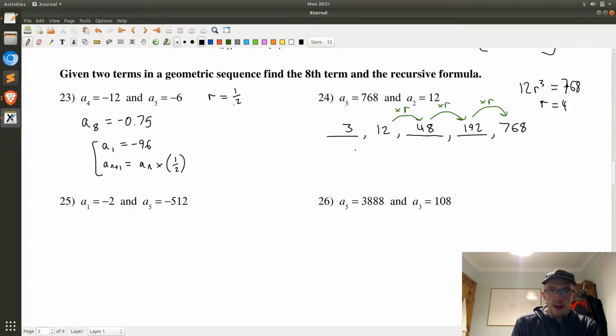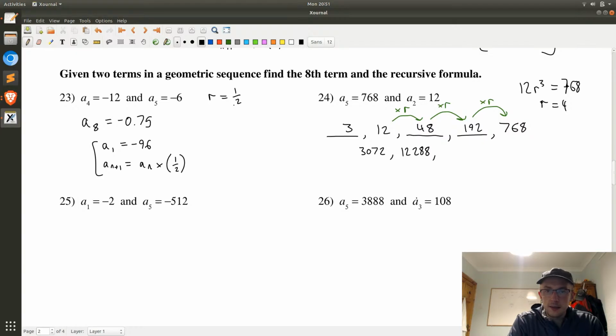Term 6, we're going to have to multiply that by 4. I can do it. 3072. How about that? Term 7, 12288.